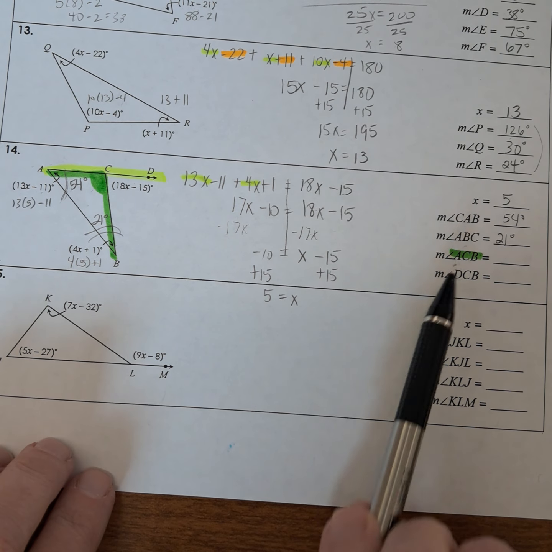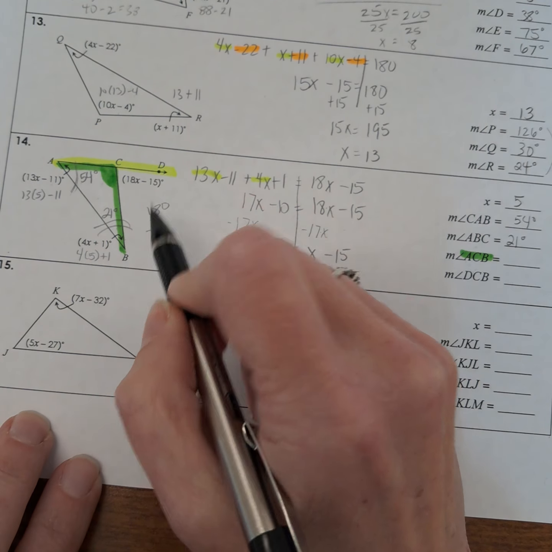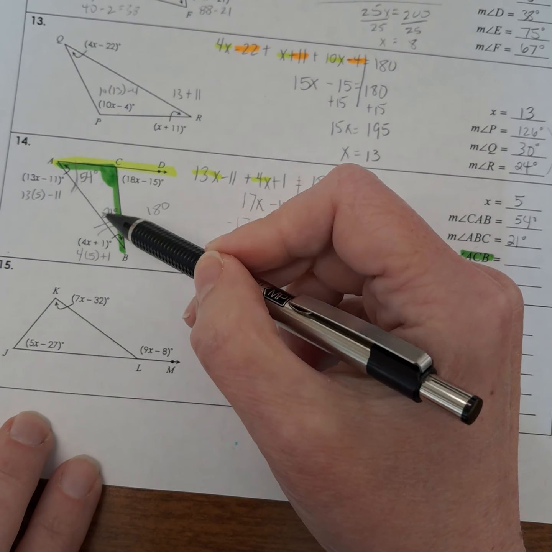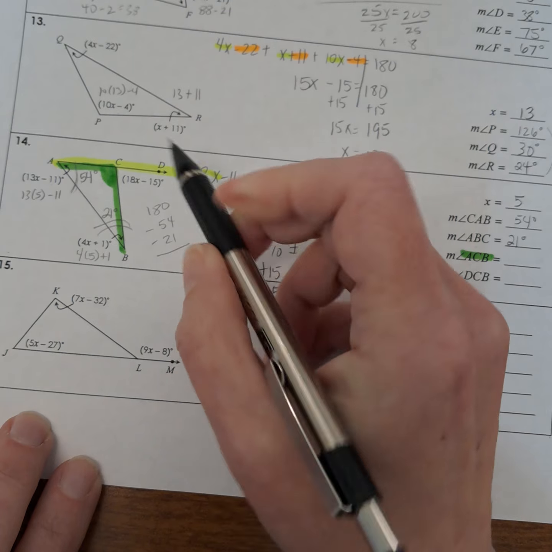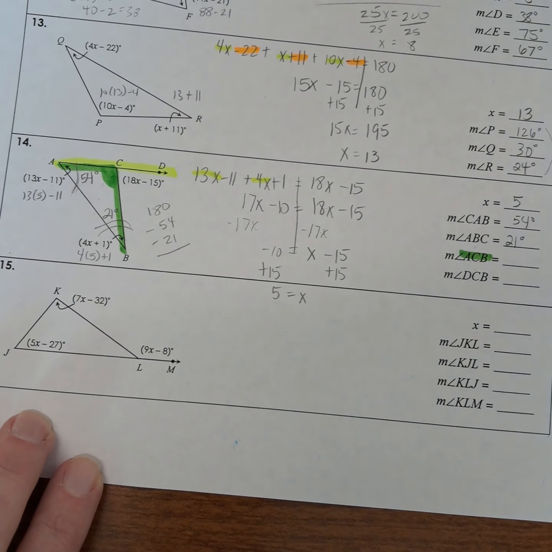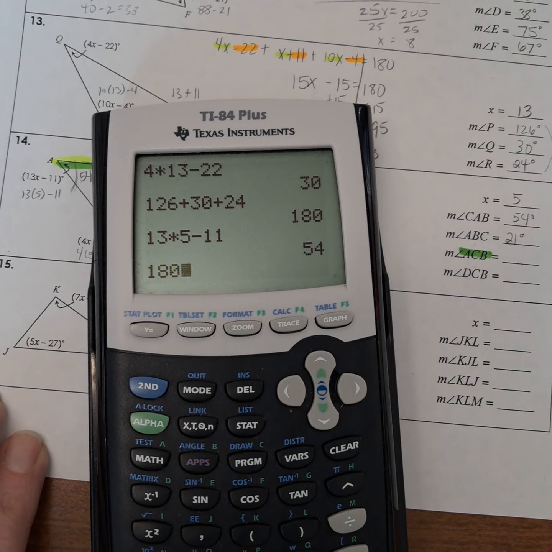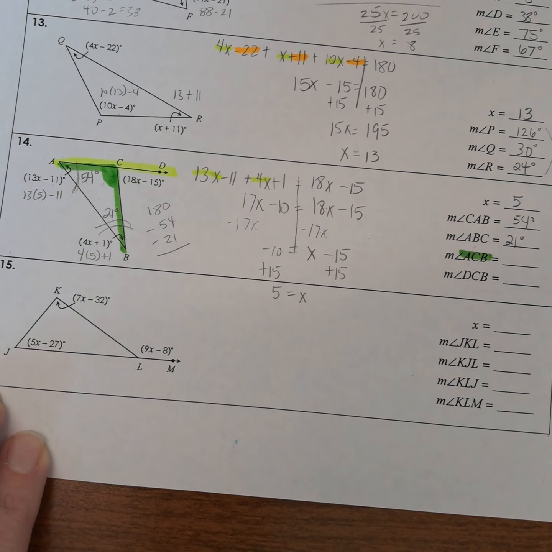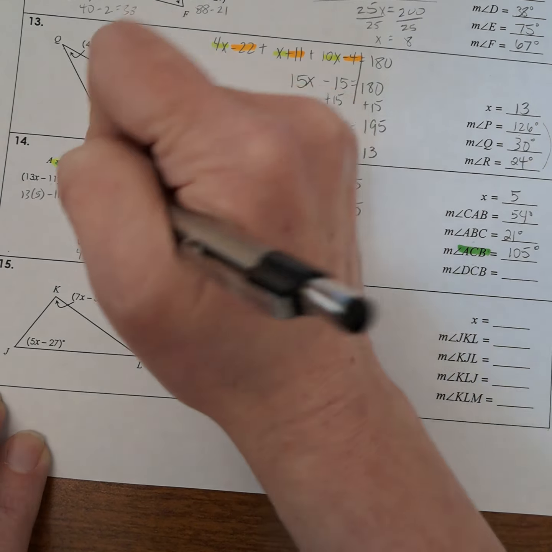So to find this angle C, I would just do 180 minus the 2 angles that I have, 54 and 21. This will get me the inside angle to the triangle, angle C. 180 minus 54 minus 21. 105.